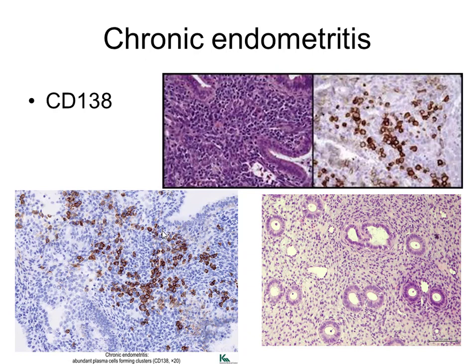We can diagnose chronic endometritis only with the help of histological investigation of the endometrium and with the help of immunohistochemistry. For that, we use CD138. It's syndecan, a marker of the plasma cells. If it's present in the endometrial stroma, we talk about chronic endometritis.